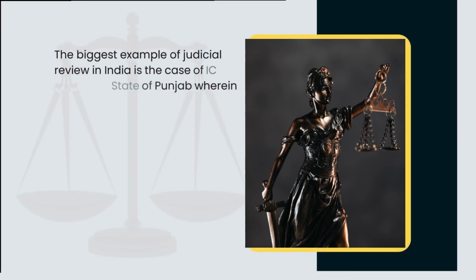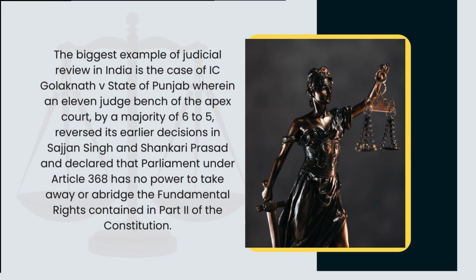For example, the biggest example of judicial review in India is the case of I.C. Golaknath versus State of Punjab, wherein an 11-judge bench of the Apex Court by a majority of 6-5 reversed its earlier decision in Sajjan Singh and Shankari Prasad and declared that Parliament under Article 368 of the Indian Constitution has no power to take away or abridge the fundamental rights contained in Part 3 of the Indian Constitution.